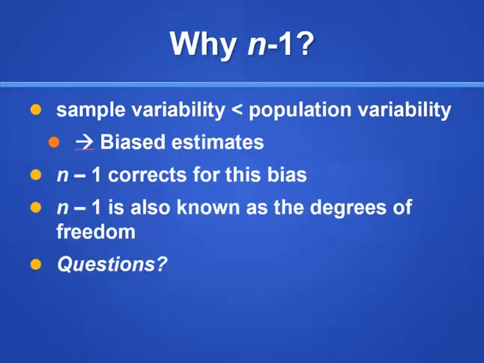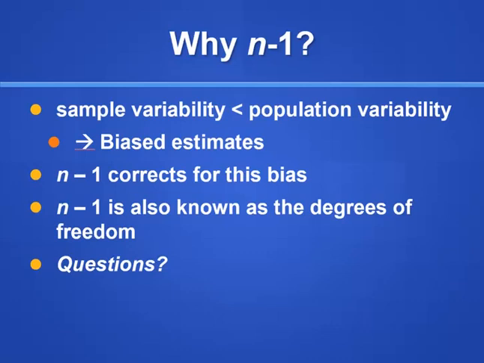So if we don't correct our degrees of freedom, which is what we call the denominator of our variance for samples, if we don't divide by n minus 1, we create a bias where we under or overestimate population parameters.